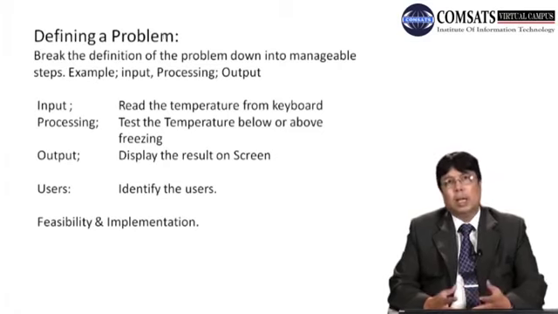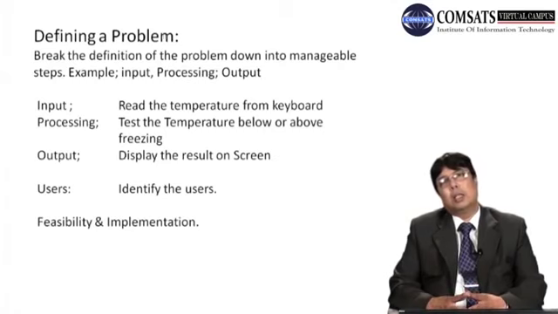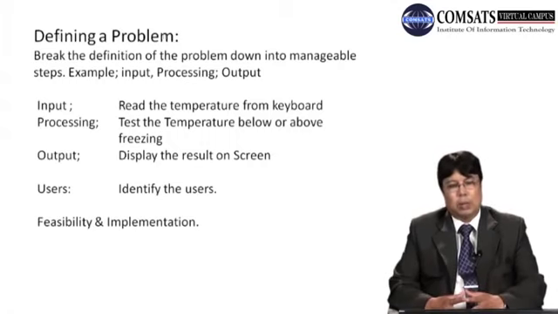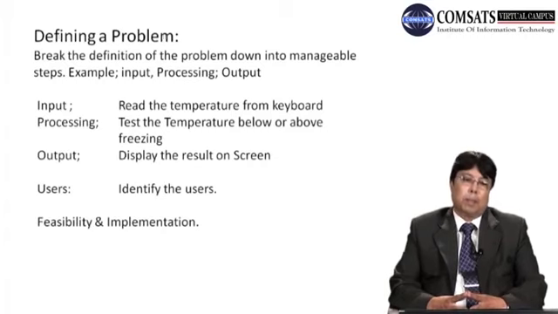Processing, in this particular case, is simply testing the temperature range, or the level of the temperature more precisely. And the output: display the result on the screen. We said that the output device is the monitor, the LCD, the screen. So you want to display the result on the screen.